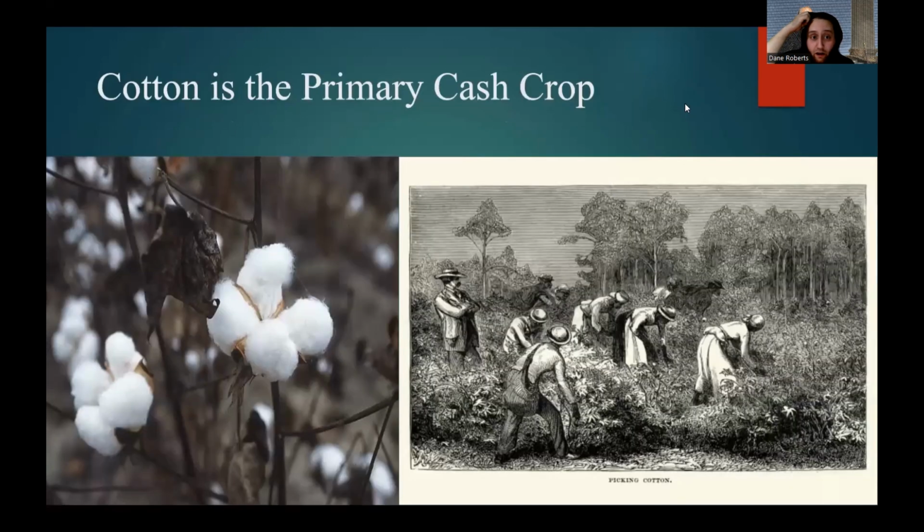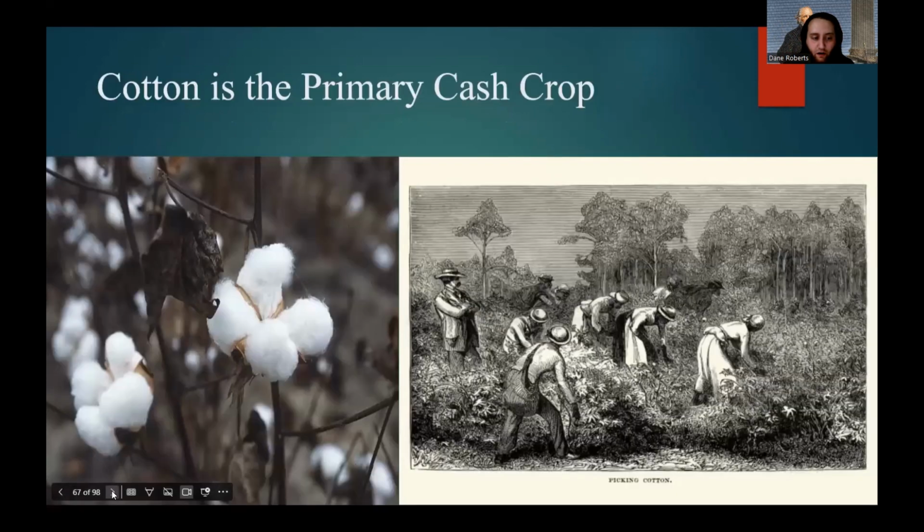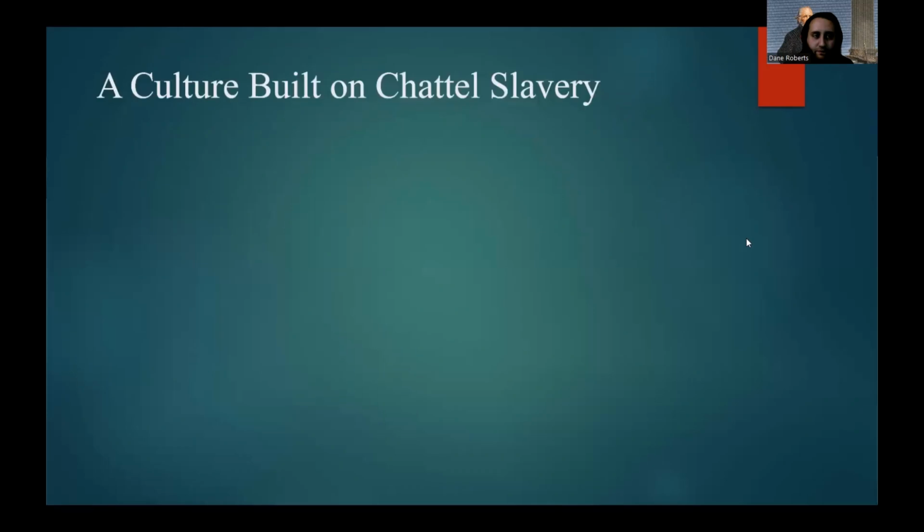The primary cash crop of the Republic of Texas was cotton, as you can see here and here, and in these previous pictures here. That being said, Texas would become bankrupt when cotton prices plummeted as a result of the Panic of 1837 CE.